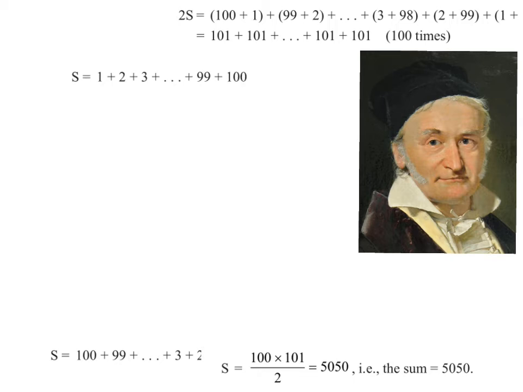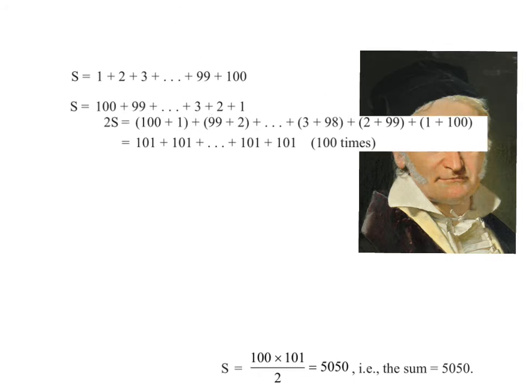He took the first 100 numbers and he wrote them like this: 1 plus 2 plus 3 plus 4. And then what he did, he reversed the numbers and wrote them one below the other. And then he added the numbers term-wise.